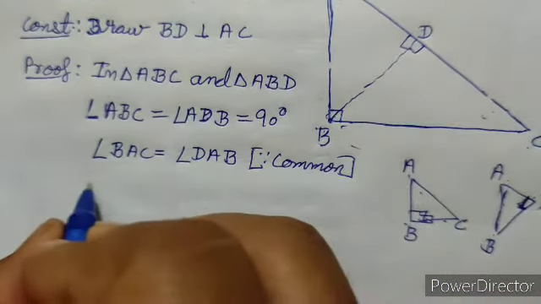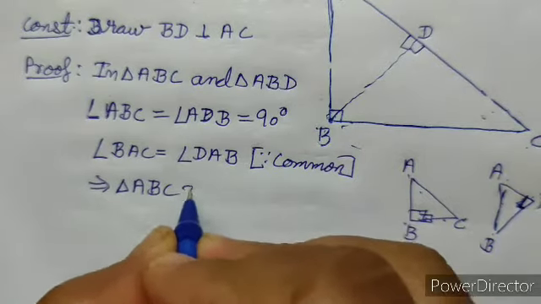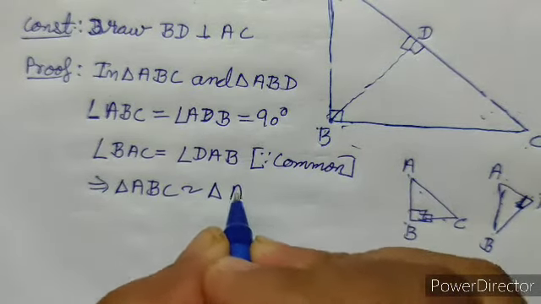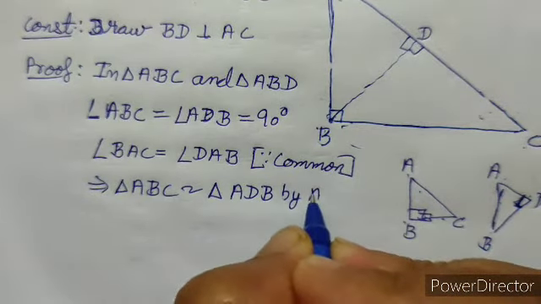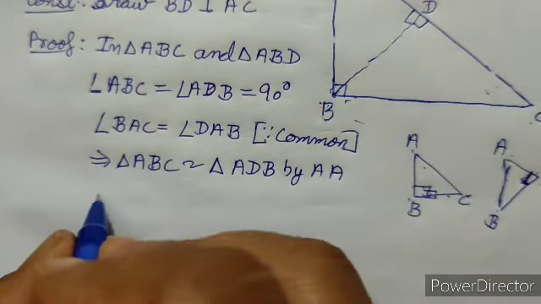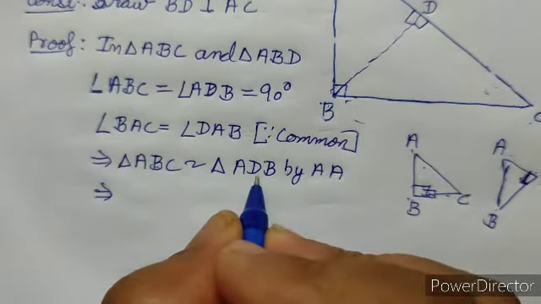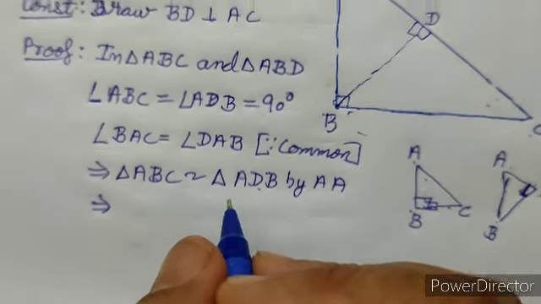Now that means triangle ABC is similar to triangle ADB by angle criteria of similarity. And if two triangles are similar, then their corresponding sides are in the same ratio.